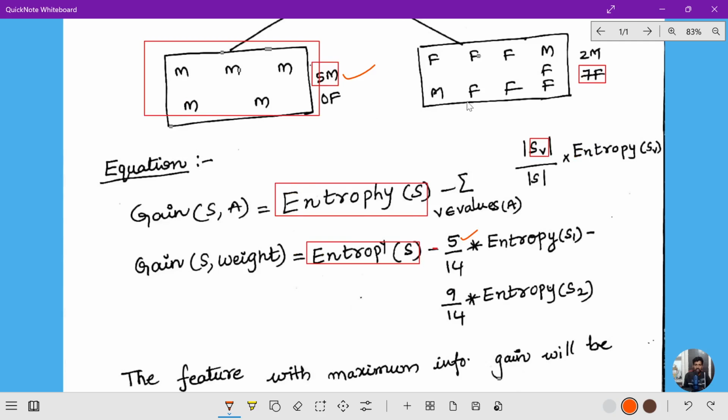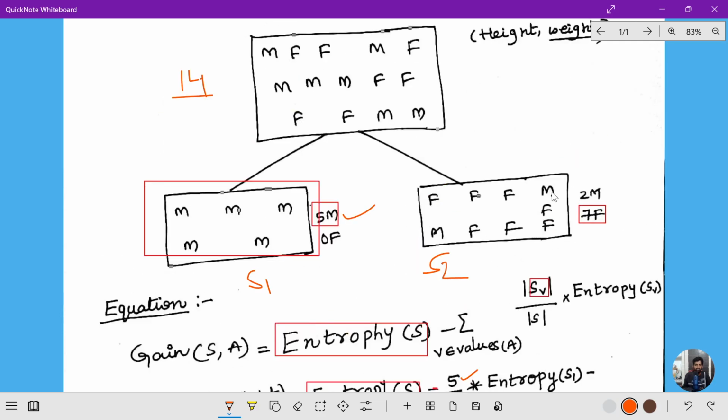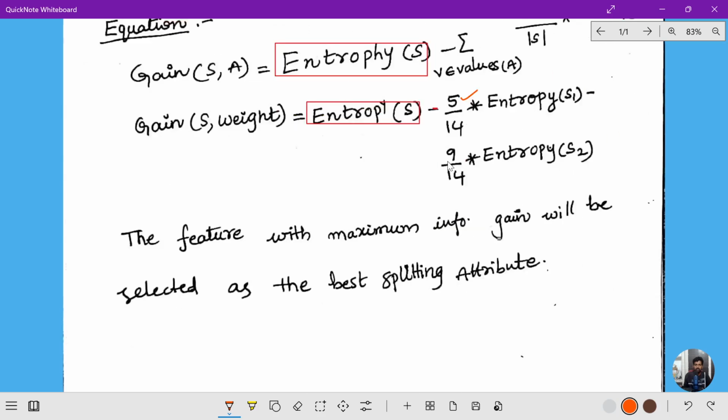S1, and this is called S2. So let us say there are two values, S1 and S2. Now you need to find the value of entropy of S1, and likewise for S2. For the second one, in the first we took 5 males, but in the second you need to sum: 7 plus 2 is 9, so this could be 9 by 14.